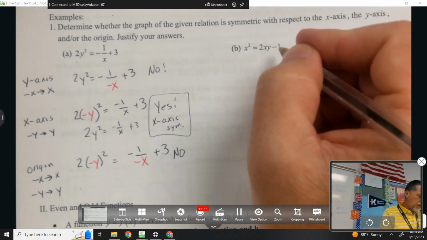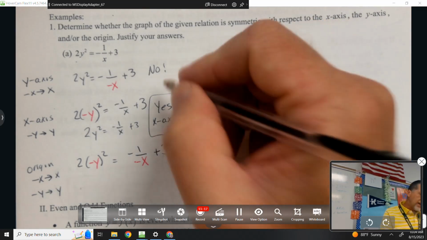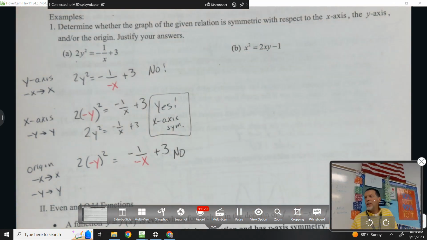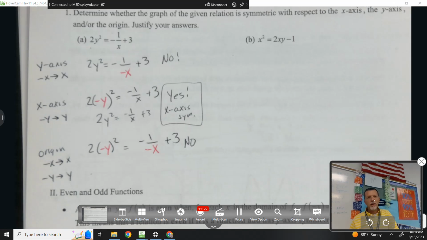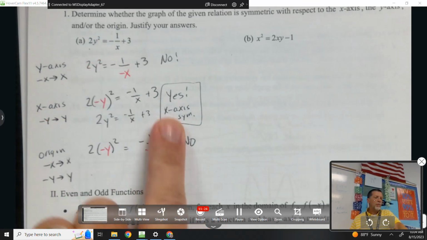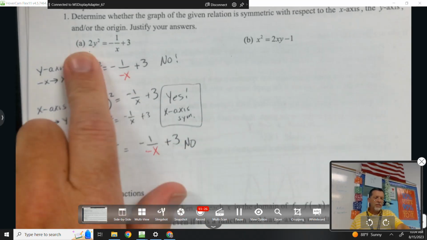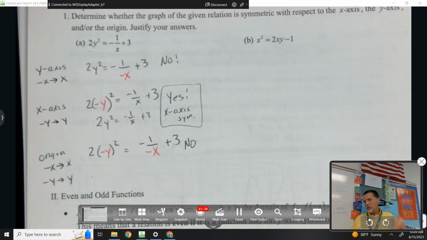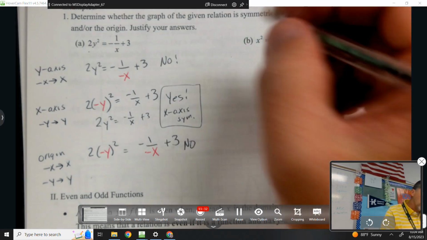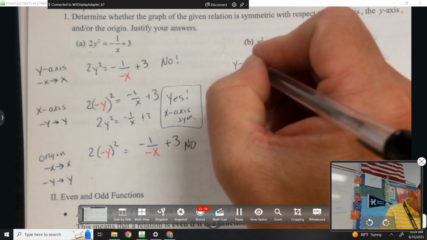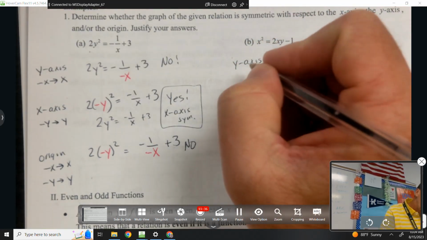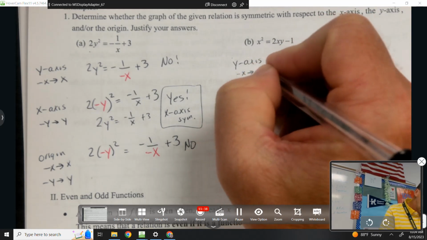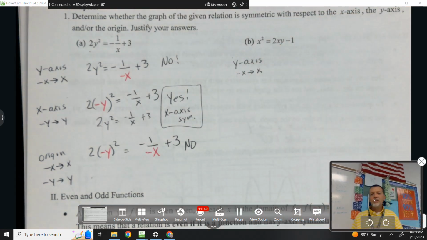All right, let's do the same thing for this example. And again, even when you get to the point, and you will get there, and most of you will get there, that you can look at it and know which one is going to work, because things start happening like the squareds, I still need to see the work so that you've shown how you know that it works or doesn't work. Y-axis. Just looking at it, if I plug in negative x for x, am I going to get the same thing?